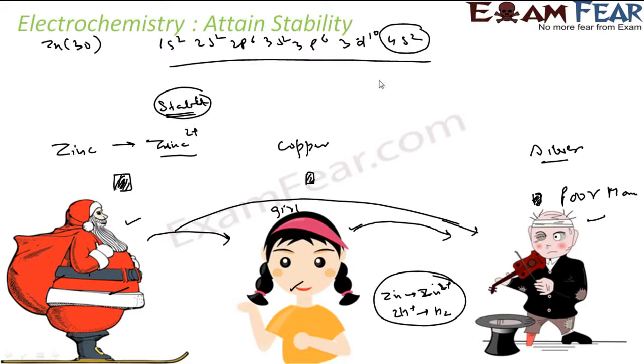Why? Because the moment zinc has given 2 electrons, it is more stable. Similarly, Santa Claus has more gifts. He won't be happy with so many gifts. He wants to give them away, so he'll be happier by giving the gifts. Similarly, zinc will attain more stability.